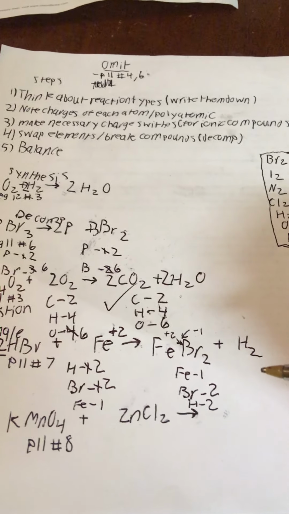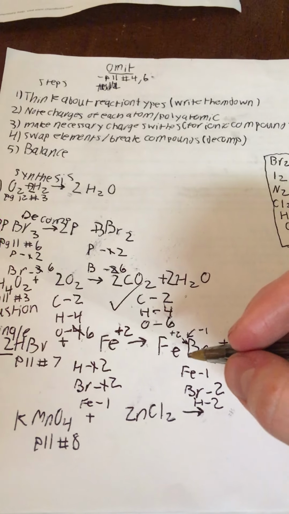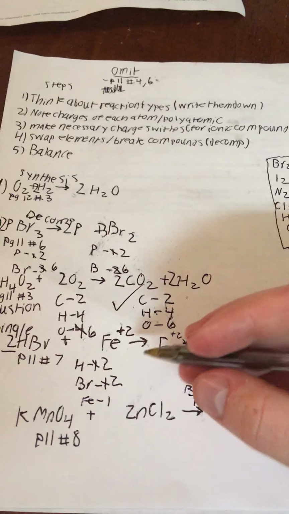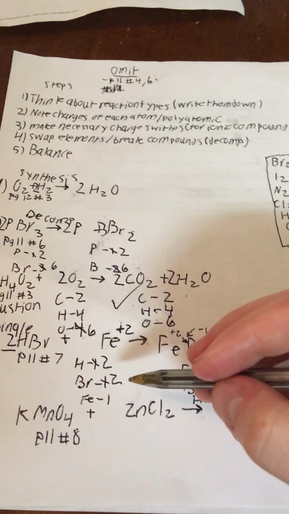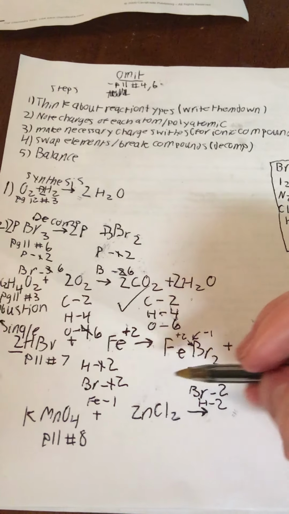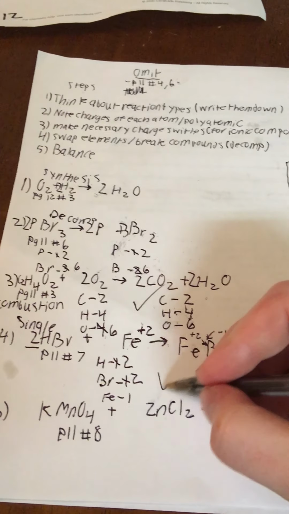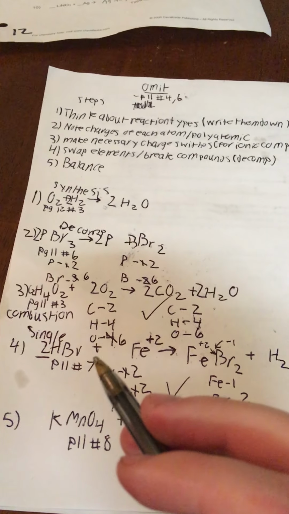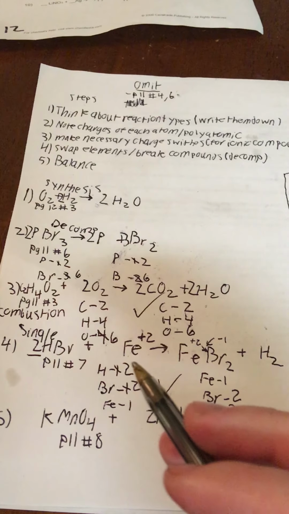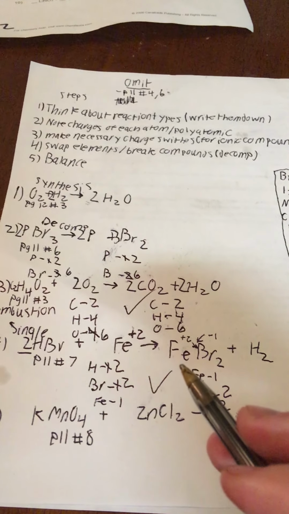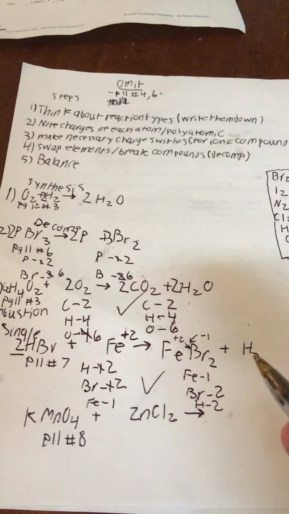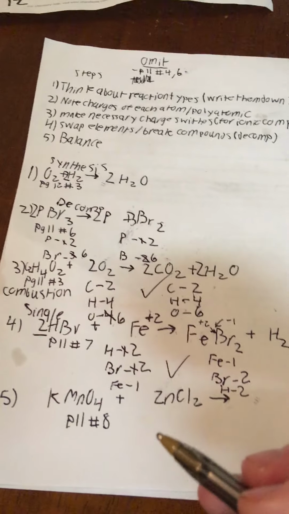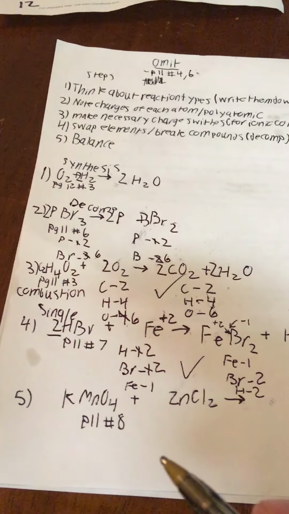Whoa, cuckoo bananas, yo. We're balanced. We've got two H's, two H's, two Brs, two Brs, one iron, and one iron. So we're done on this problem. 2 HBr plus Fe yields FeBr2 plus H2. We're all balanced. So that's our single replacement reaction.